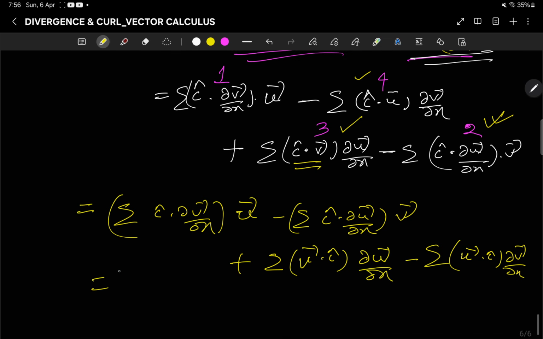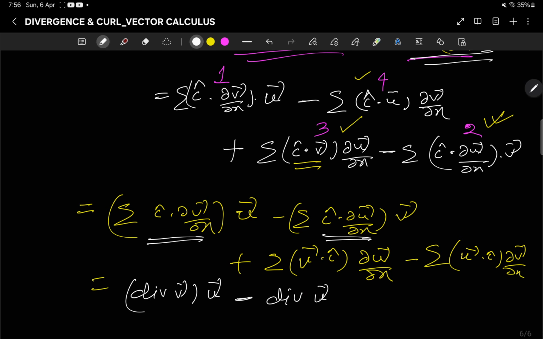Now simplifying, you see this is nothing but div v, and this is my u, and this is nothing but div u, this is my v, and plus I can write it. If I take together with del by del x, then this is my v dot del, right?